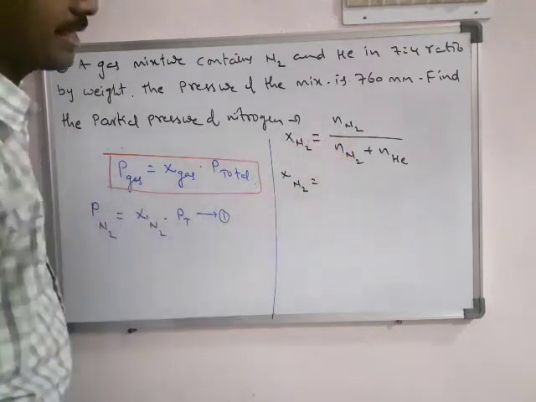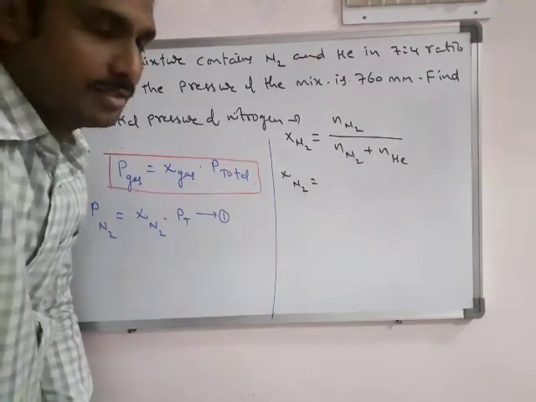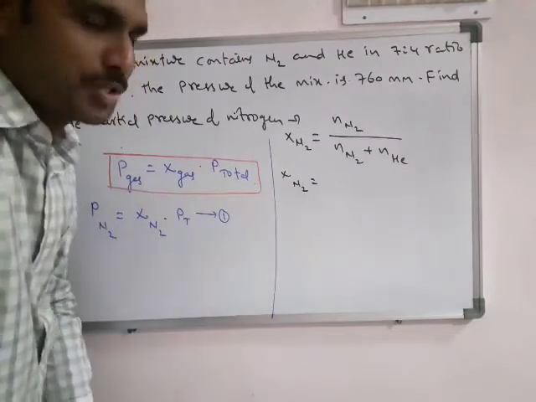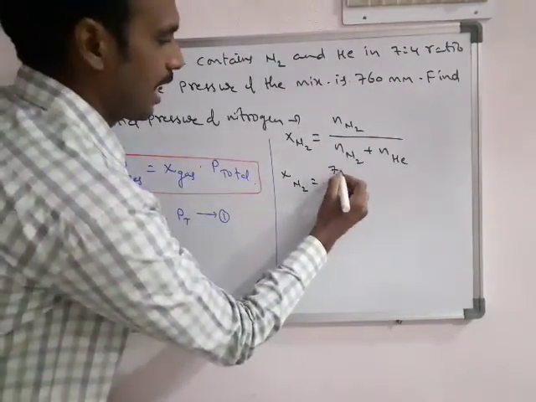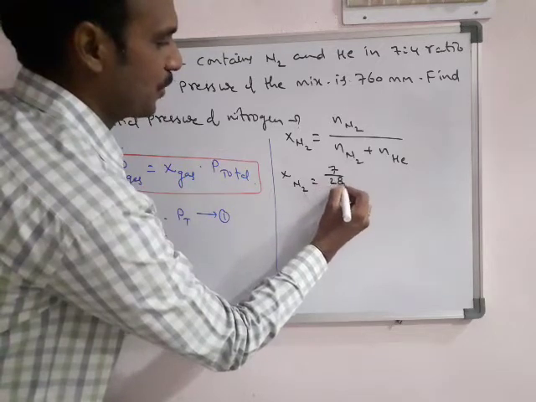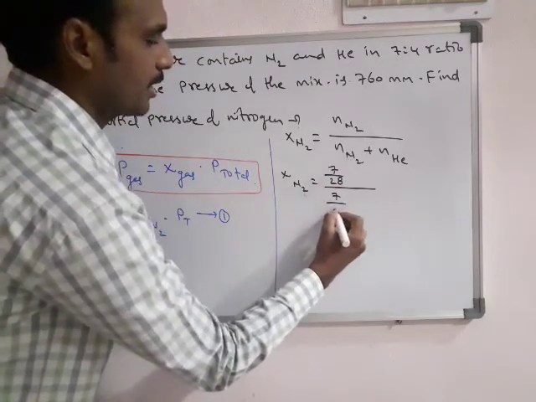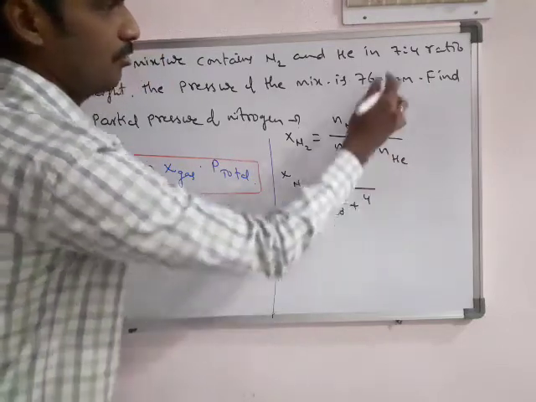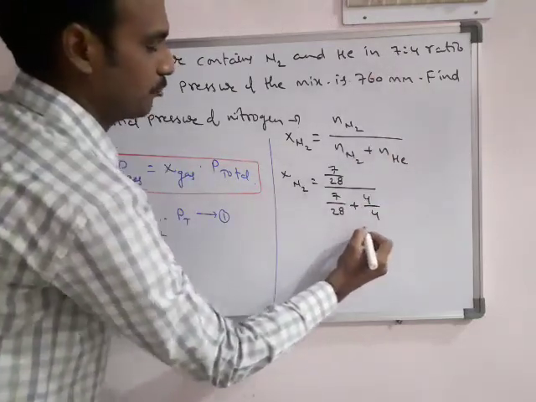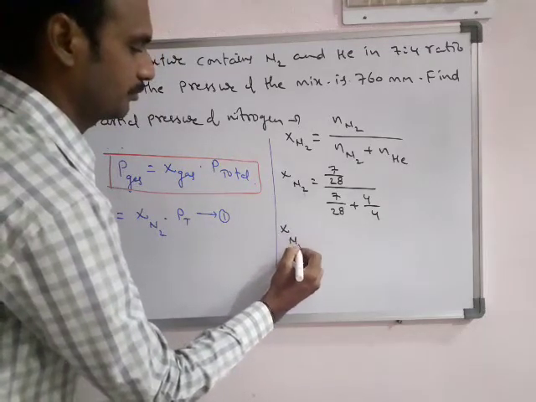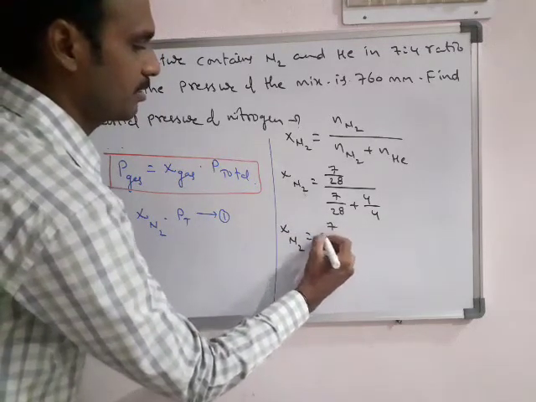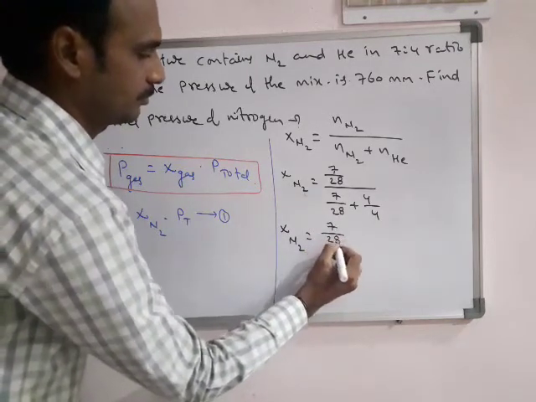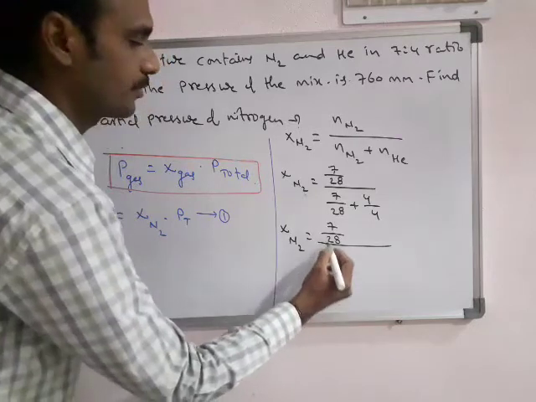There are no particular grams given. It is given in terms of ratio. Since we only need the final ratio, take it as 7 grams. 7 divided by its molecular weight, 28, so 7 by 28, plus, and here the weight is 4 and its molecular weight is 4. How much will you get?